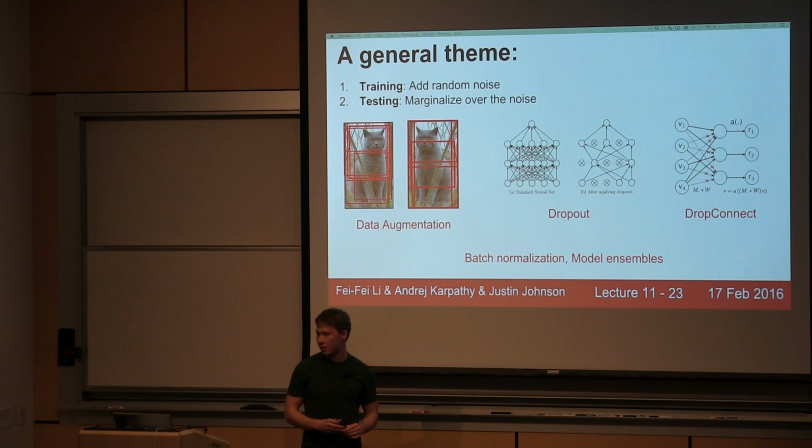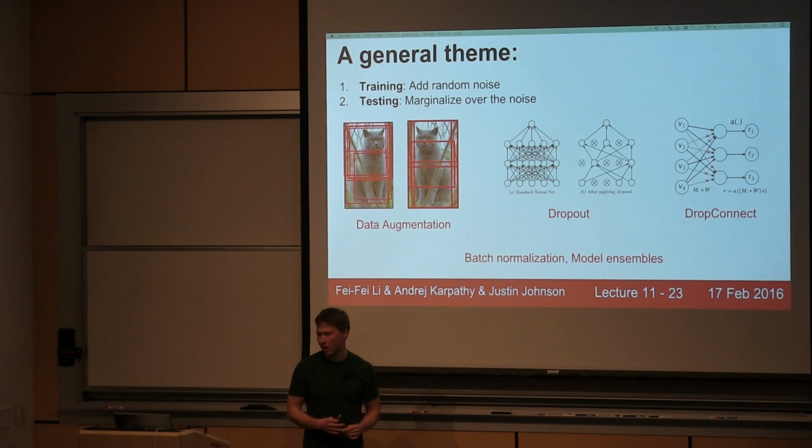This also appears with batch normalization, since with batch normalization, your normalization constants depend on the other things in the mini batch. So during training, the same image might end up appearing in mini batches with different other images. So that actually introduces this type of noise at training time. But in all of these examples, at test time, we average out this noise. So for data augmentation, we'll take averages over many different samples of the training data.